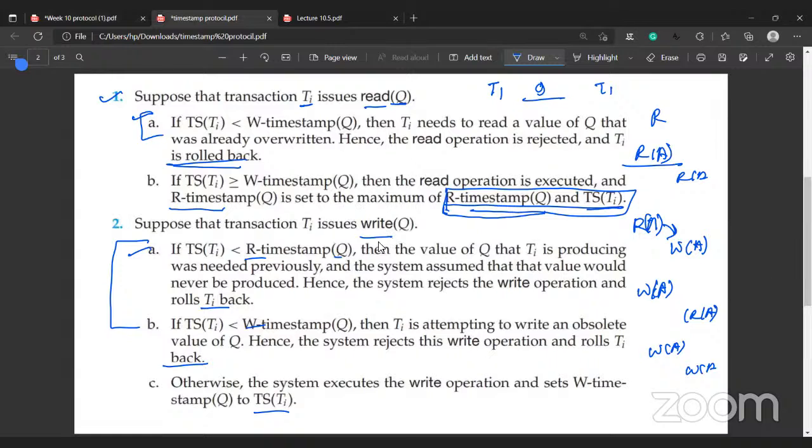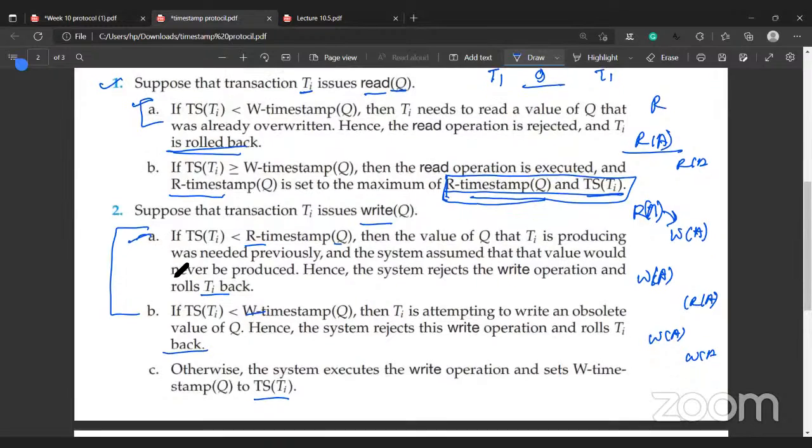So that's why we are checking two conditions. Everyone got it? Yes. Okay, so we'll see one example that will be better.